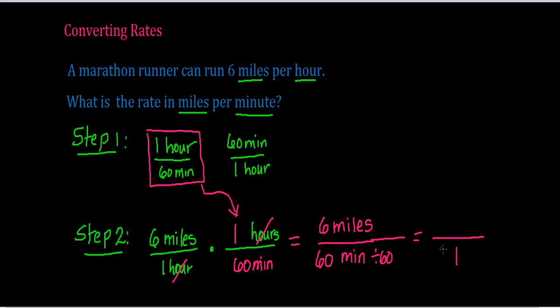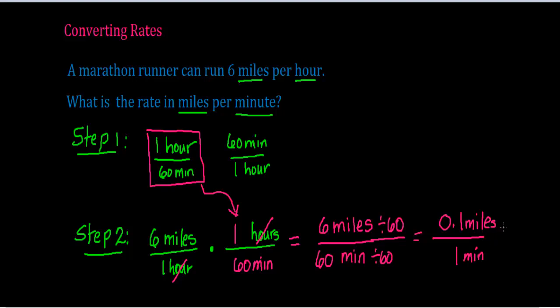But very careful, 1 minute because I still have to carry my units. If I divide the denominator by 60, I have to divide the numerator by 60 also, so that it's all balanced. So 6 divided by 60, how much is that? 0.1. 0.1 miles per every minute.